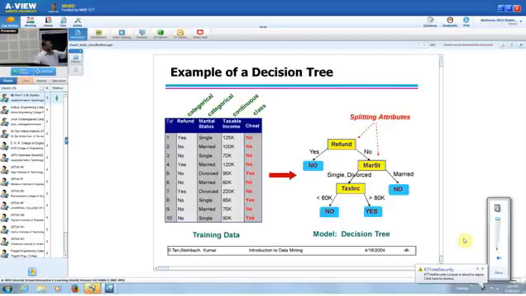This is the training data, and from this data only the tree is derived. So now let us cross-check whether this data and that tree match. Then you can slowly understand how the setup is.